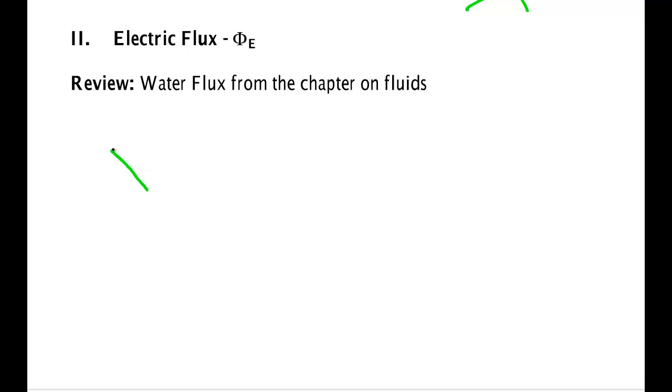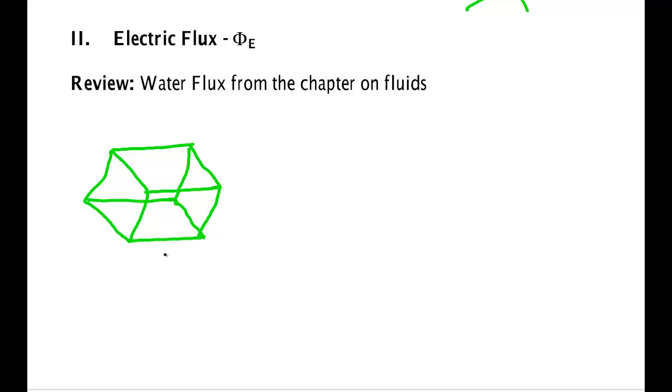You remember that we were looking at volumes, for instance, some sort of cube here. And we were looking at how water flowed from that cube and the amount of water that flowed through it. So for instance, this might have been delta X and this was A. And there was water flowing through this.